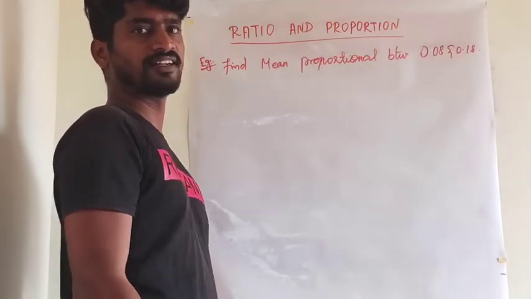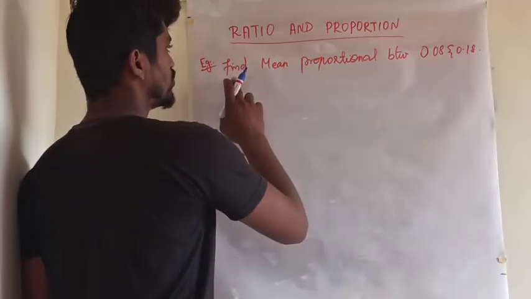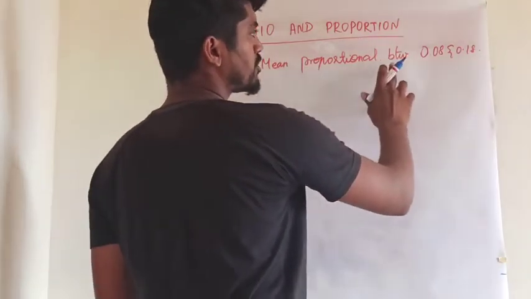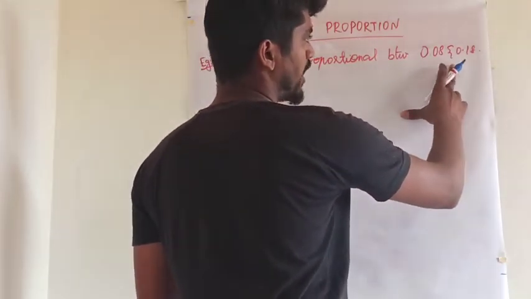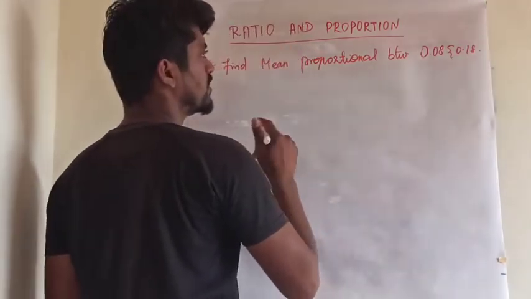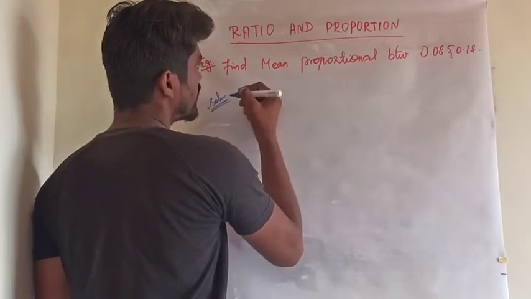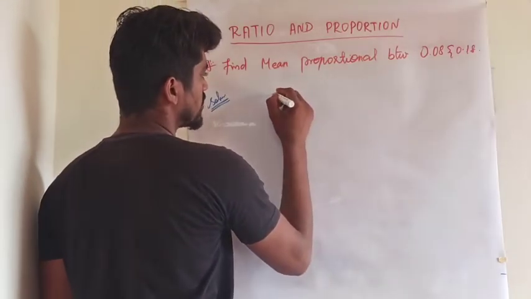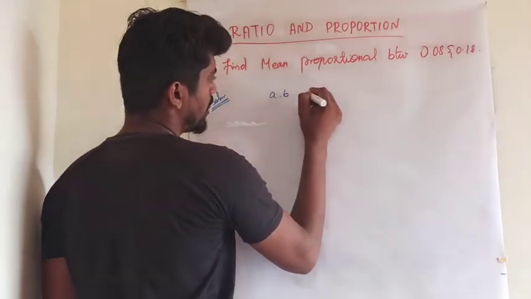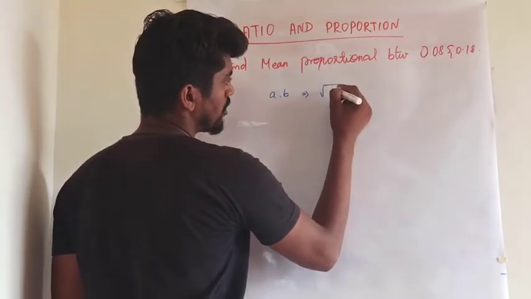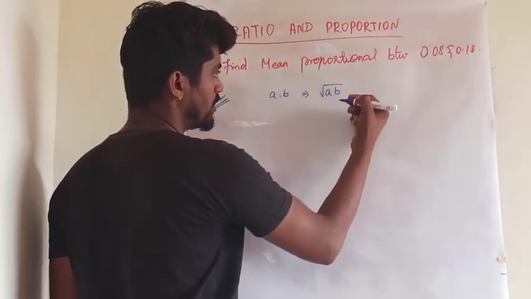The next type of example is to find the mean proportional between 0.08 and 0.18. The formula to find the mean proportional of a, b is root of a b.